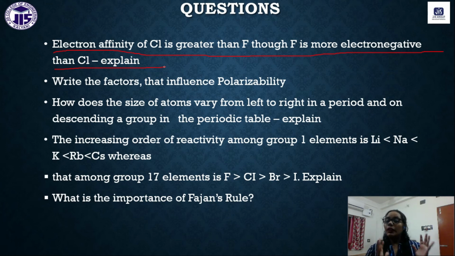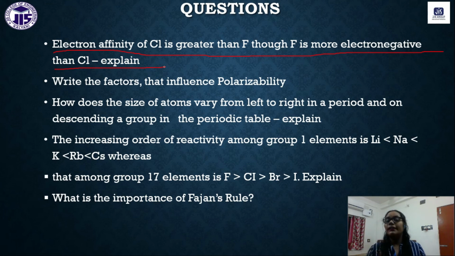Okay. Now polarizability is the property of the anion. That means how the electron density we have on the anion gets distorted in presence of the cation.